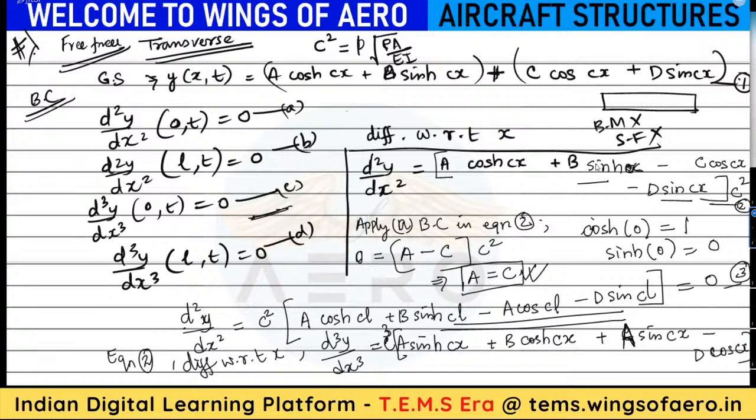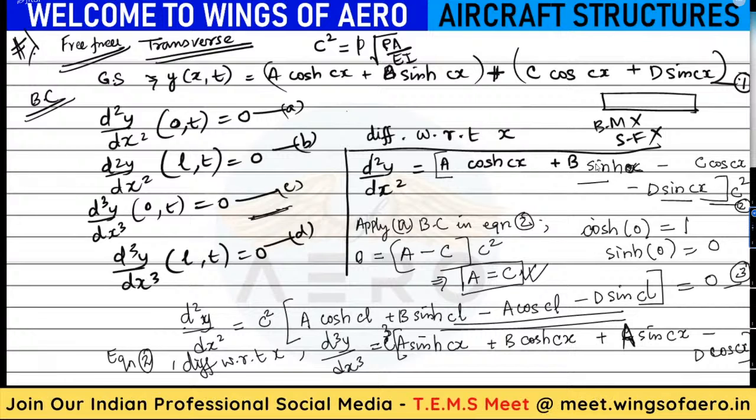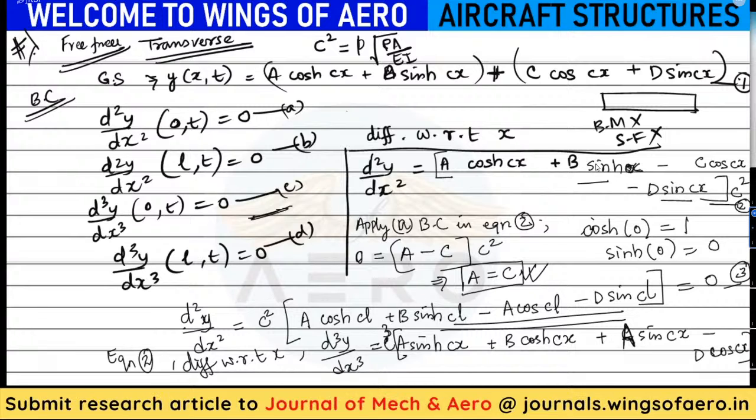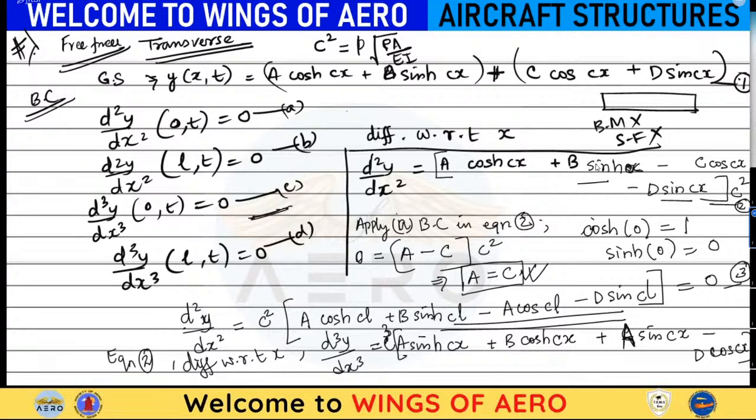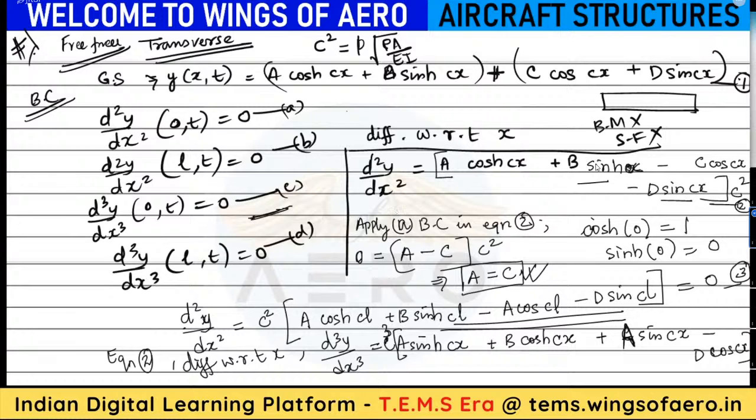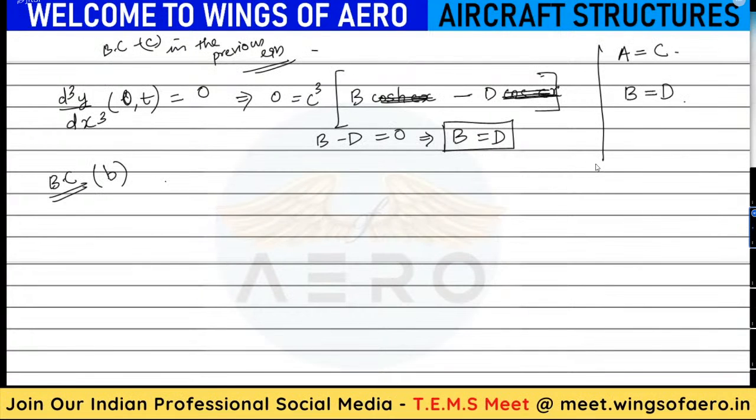Now you get the function in terms of any two, either you take A, B or C, D. Now try to convert those values in terms of any one of the factors. Now tell me, what is the equation you're getting?